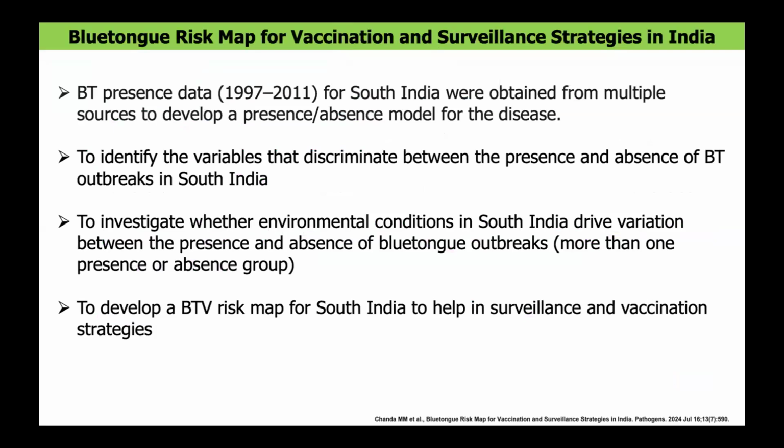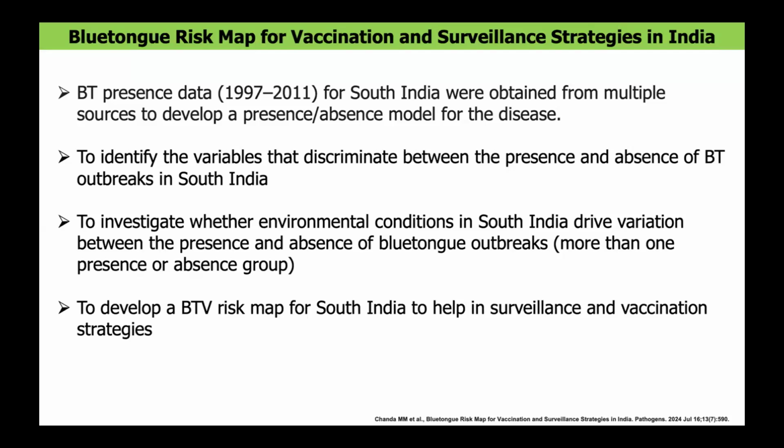Now I have come across this particular risk map prediction strategy. This is work done by Nivedi, Dr. Mudassar Chanda's lab. This is very interesting. In this study they used some very advanced tools, which I am not an expert of, to predict the disease.